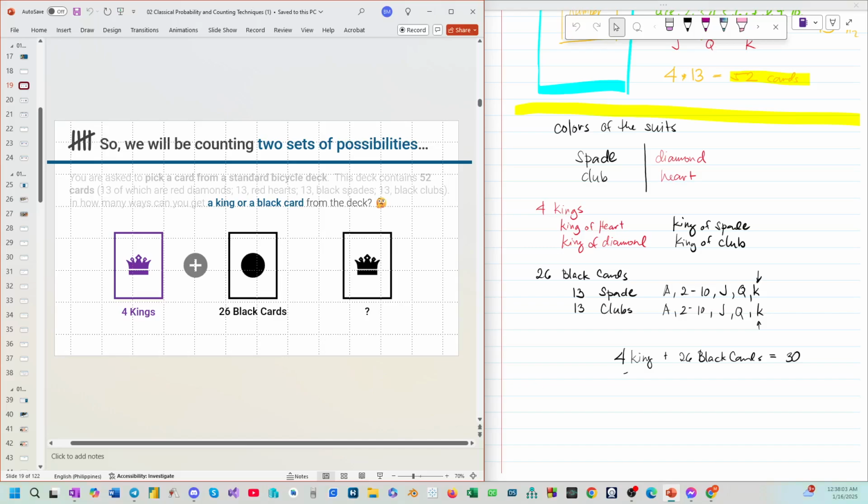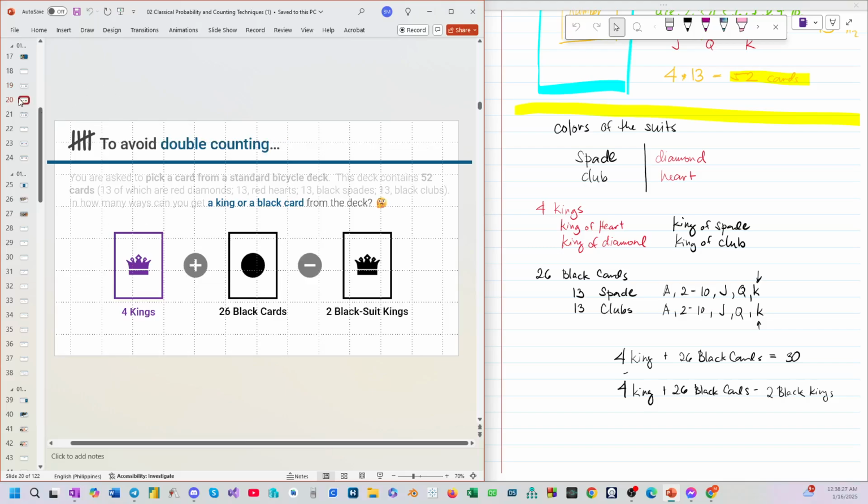The correct expression should be 4 kings plus 26 black cards minus 2 black kings, because we are removing or discounting them since we already counted them among the 4 kings. So this is the correct expression.